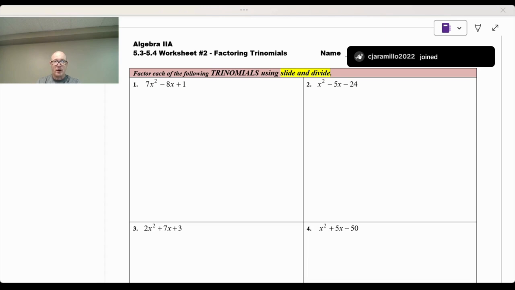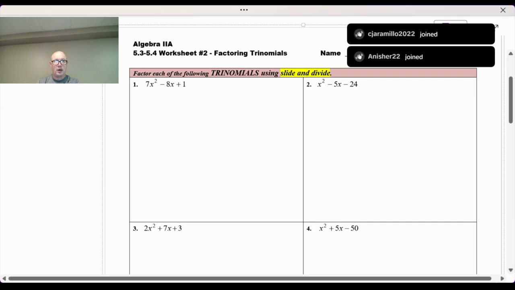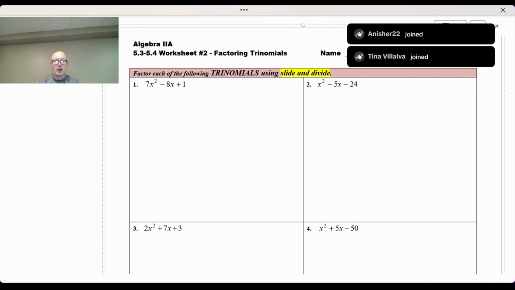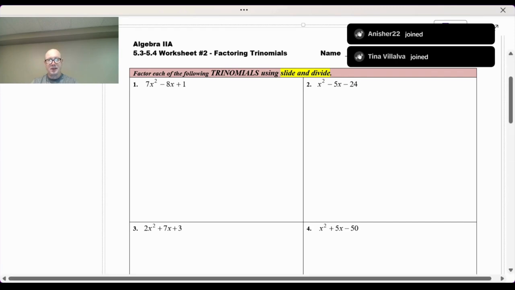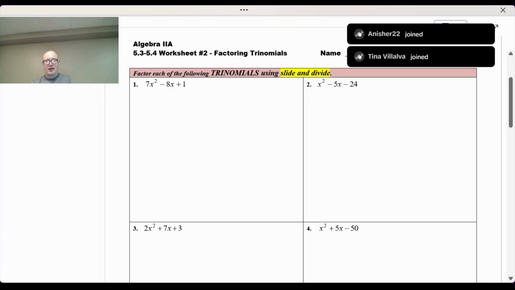All right, so first off, let's go to here, and I have 7x squared minus 8x plus 1. Now with slide and divide, this is the slide part right here. You multiply the 7 times the 1, so it becomes x squared minus 8x plus 7, and you factor it the normal way.